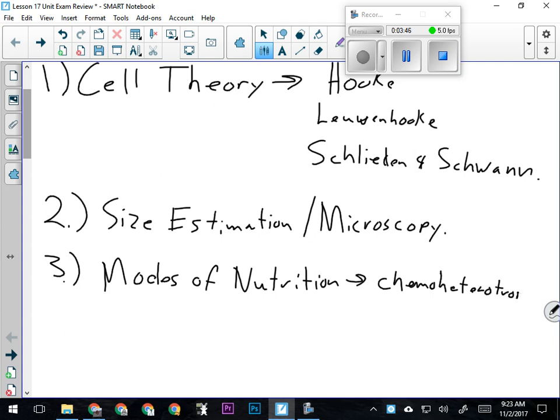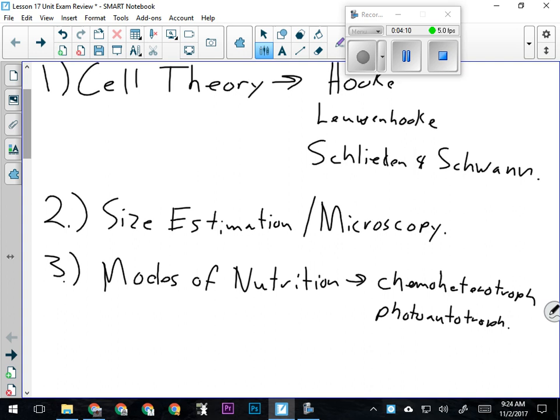Chemoheterotroph. And photoautotroph. So definitely things that we need to know, be able to explain them. I would say it's a good idea to make sure I can tell what you mean.